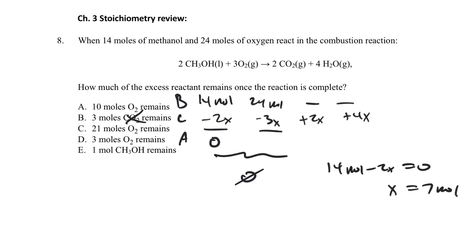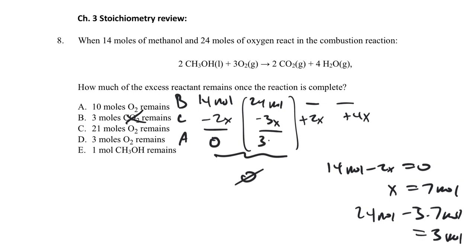Then for the O2, 24 minus 3 times 7 is 3 moles. So I'd get 3 moles of O2 remaining after the reaction completes, and we would have formed 2 times 7, 14 moles of CO2, and 4x, which is 28 moles of water. That's what's present once this reaction completes.